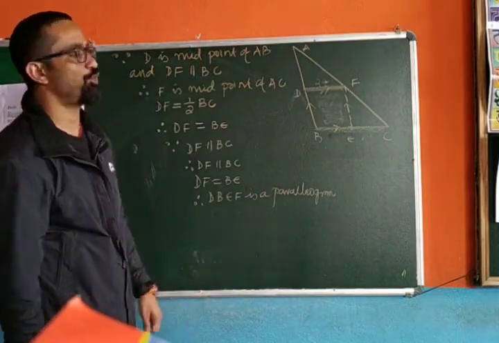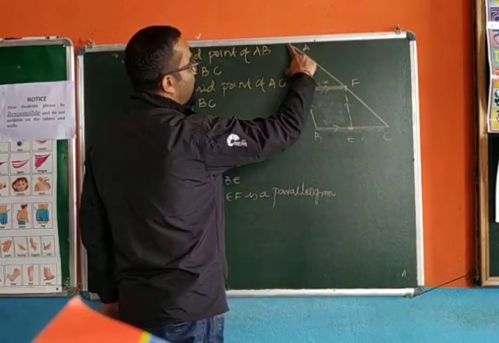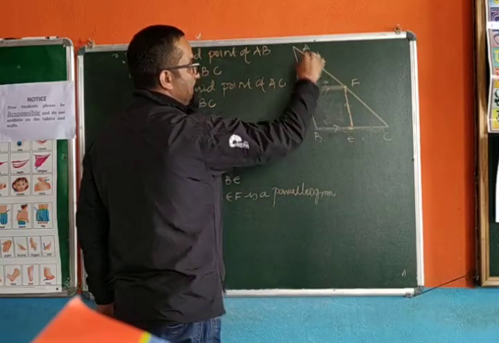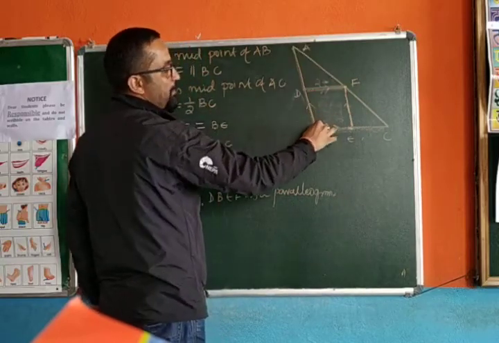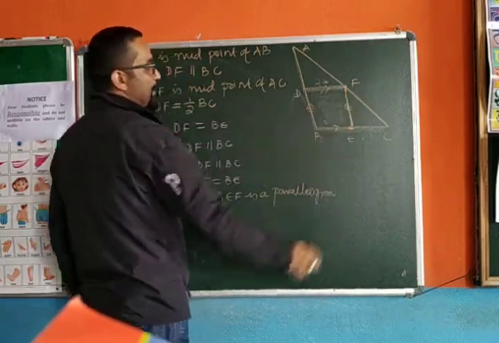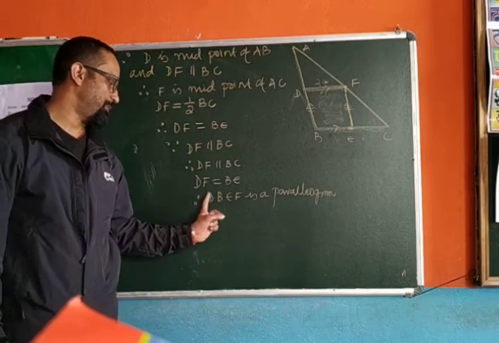Or you can write, if you want, E and F are midpoints of BC and AC. DF is parallel to AB. Therefore, BD is equal to EF. And then you prove it.